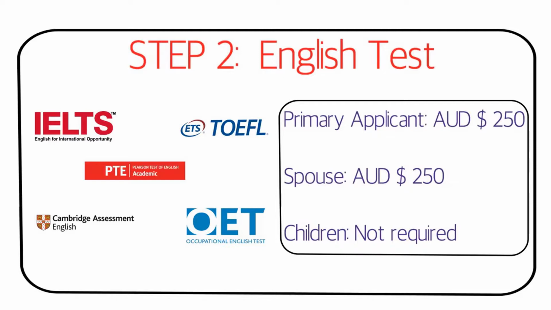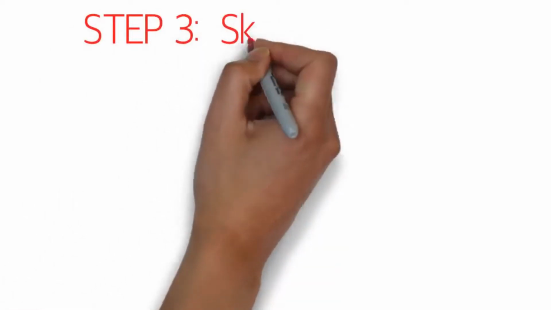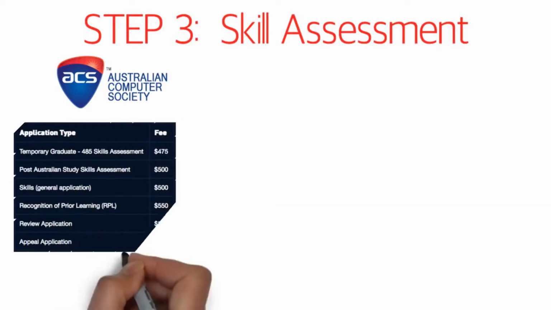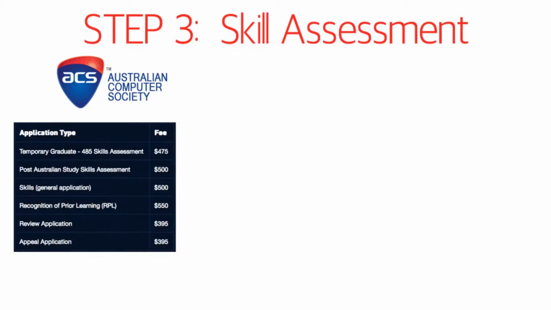Okay, now moving on to the third step, which is skill assessment. There are different organizations which do the skill assessment. One of them is the Australian Computer Society, which does the skill assessment of computer engineers and software engineers. For the ACS, this is the fee structure. You would be ending up spending around $500.